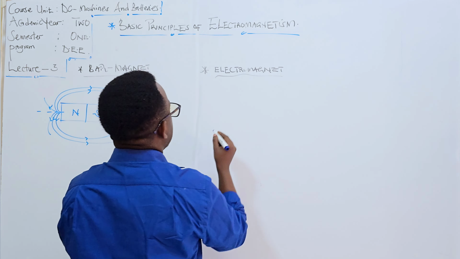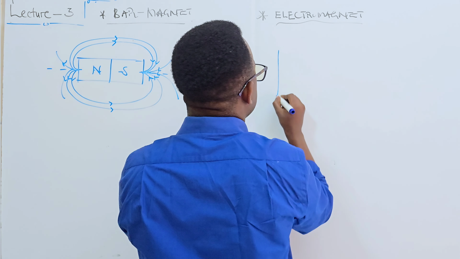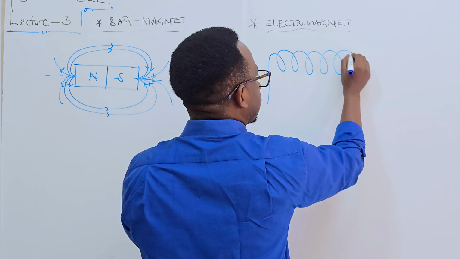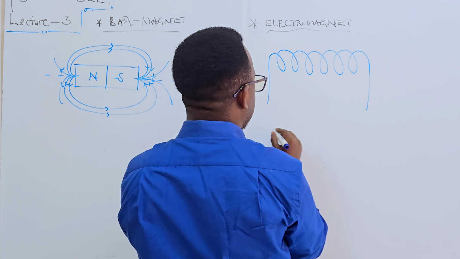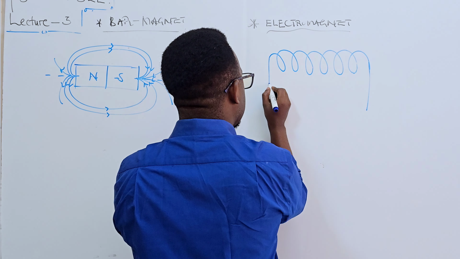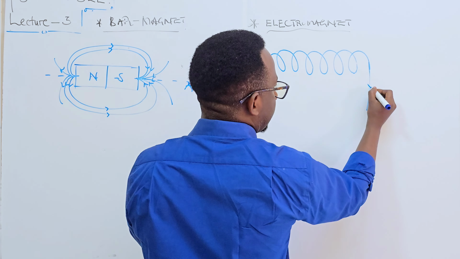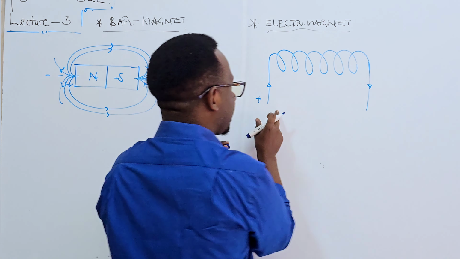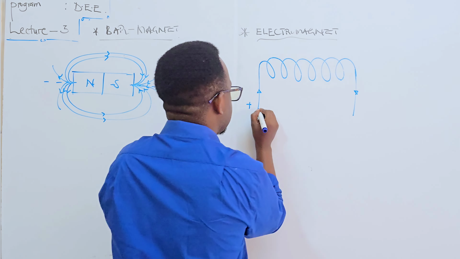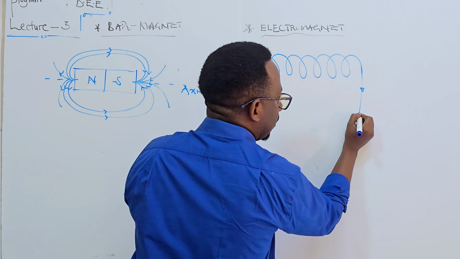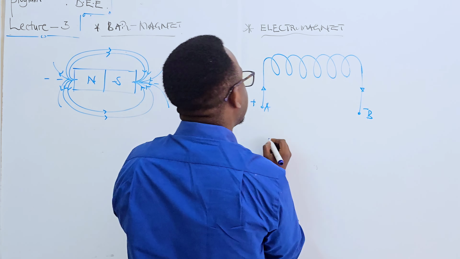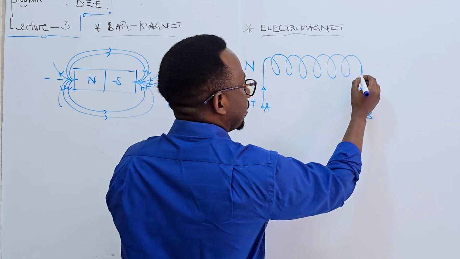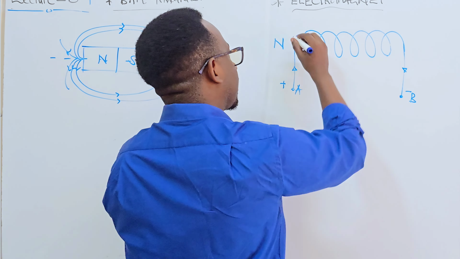On the other side, we had a coil of wire with a couple of turns. We realized that if we apply a positive voltage to terminal A with respect to terminal B, we will end up with one side being the north, depending on the way the current flows.